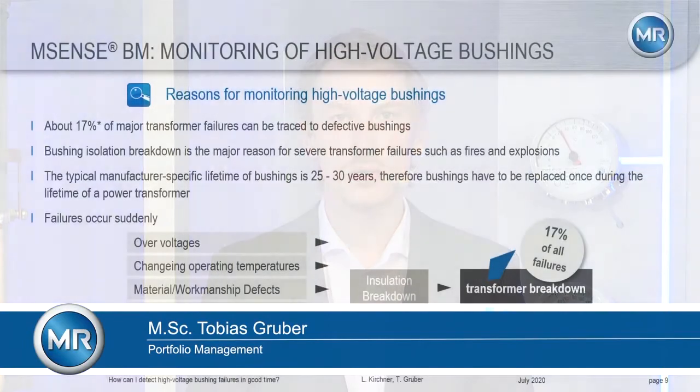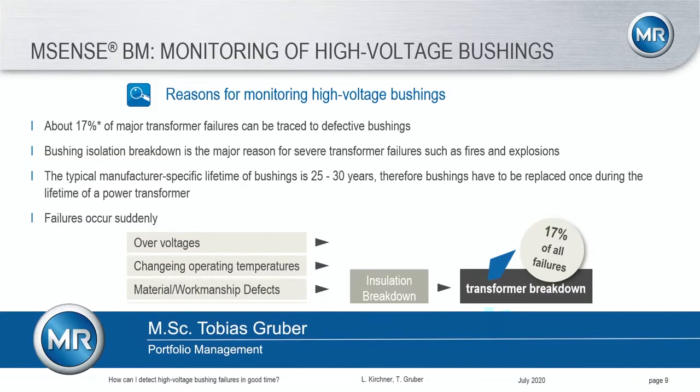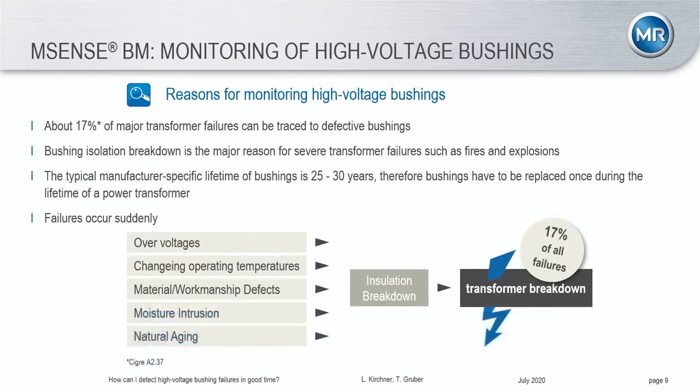So once a bushing is failing severely, also the transformer will fail. And also the typical manufacturer-specific lifetime will be about 25 to 30 years. So it's recommended, when the transformer life is 40 to 60 years, to replace also the bushings during the lifetime of a power transformer. And also, once again, to mention it because it's really important, the failures occur suddenly.